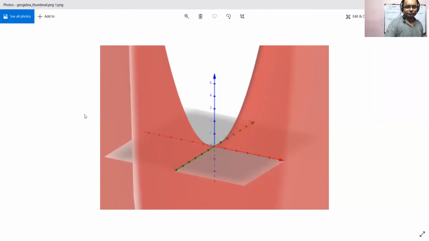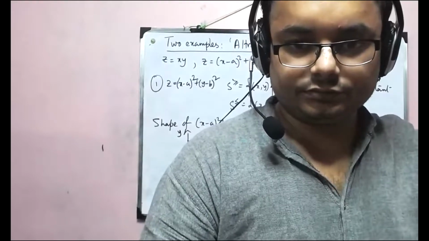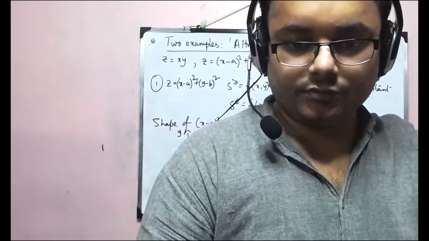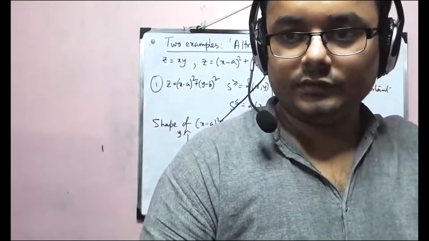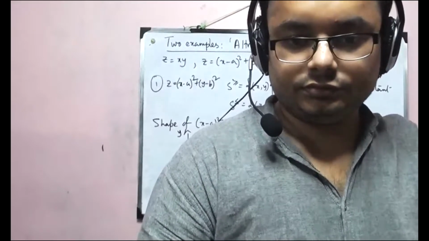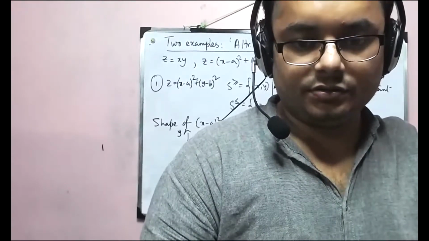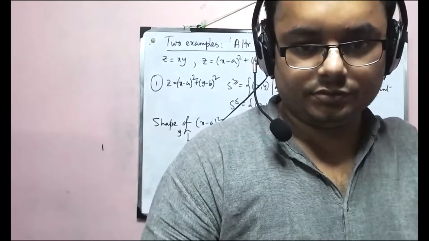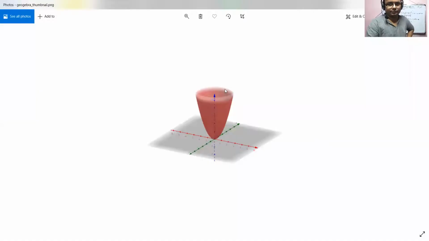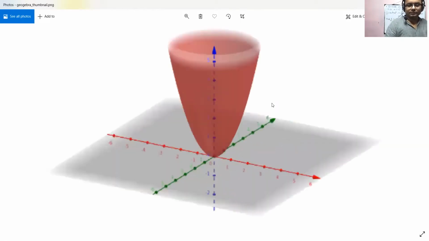So you can see the z equal to, but for this one it is not a and b.